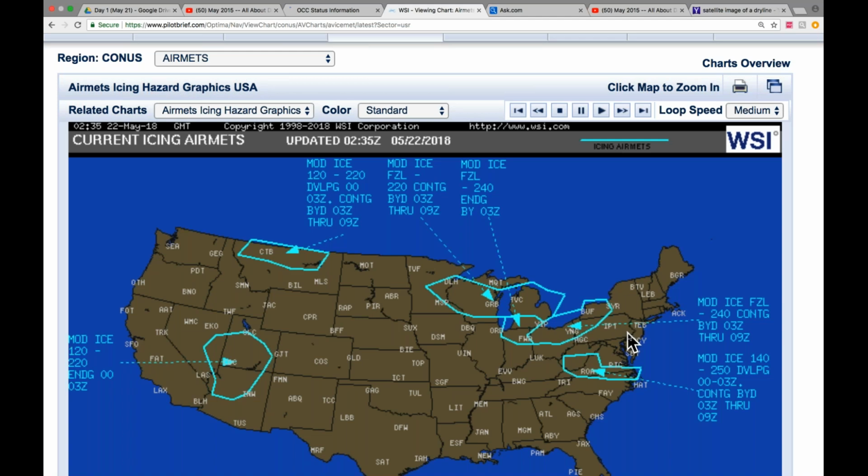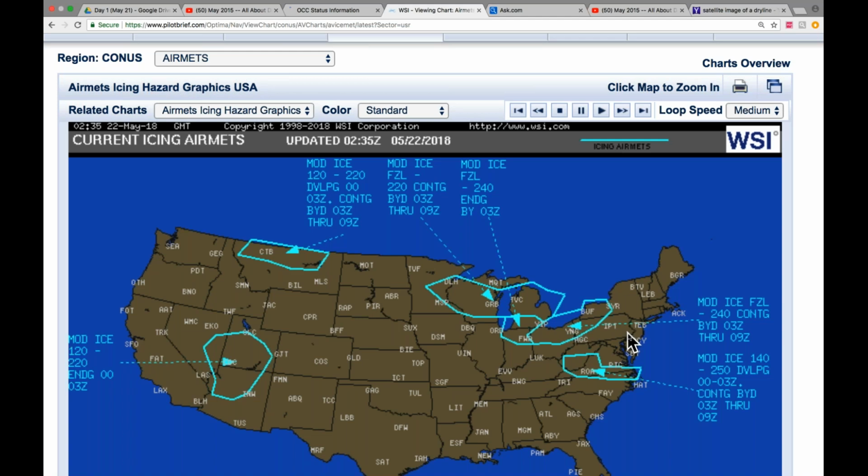What guidelines or parameters are you using at that point, Garrett? So if the PIREP or if the report was, say, 8 hours ago. Mm-hmm. So PIREPs only last 30 minutes. A PIREP is only valid for 30 minutes.